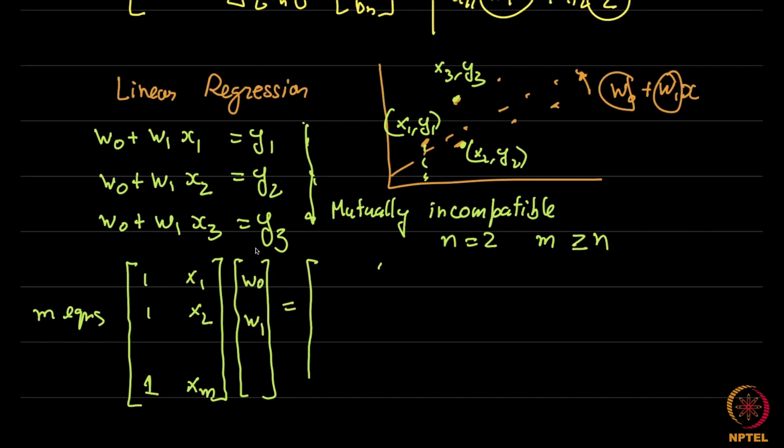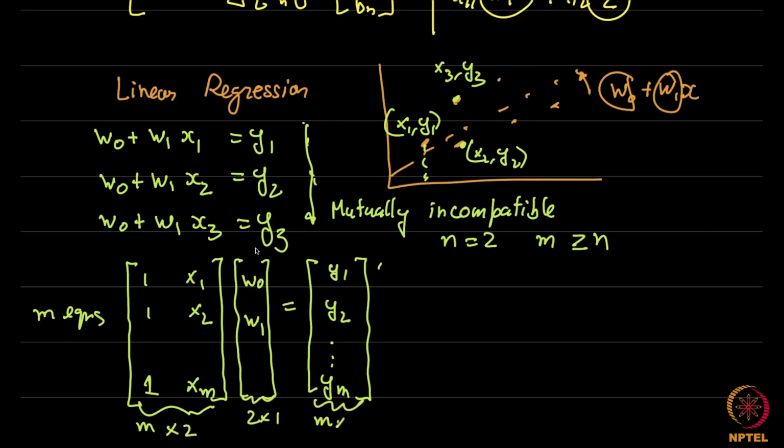All these we are trying to match to y1, y2, ym. Note that this multiplication is valid because this is m cross 2, this is 2 cross 1, and this is m cross 1. Now, if you look at it, this will start looking like a set of equations x, w equal to y.